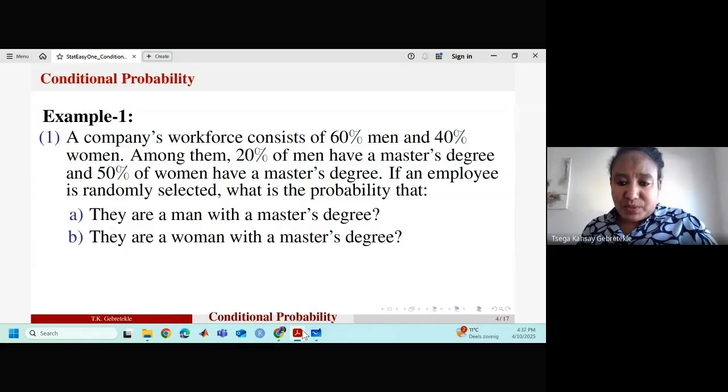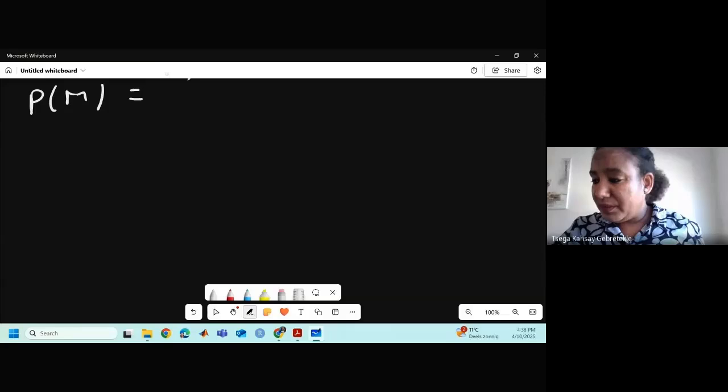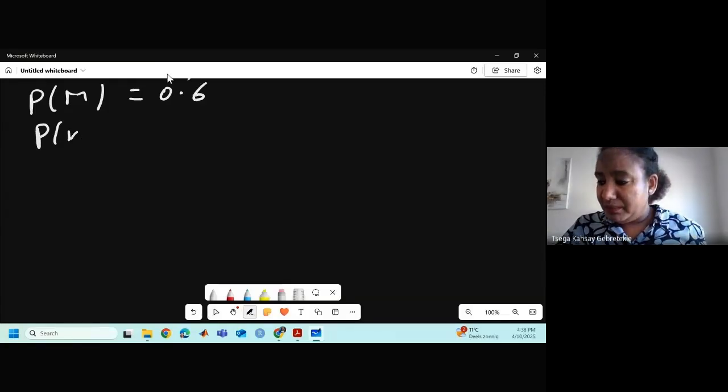So to calculate the first one, the probability of a man with a master's degree, what is the condition? The given conditions are as follows. Let M be that an employee is a man, and W be that an employee is a woman. The probability of M from the given information is 0.6. The probability of W is 0.4.